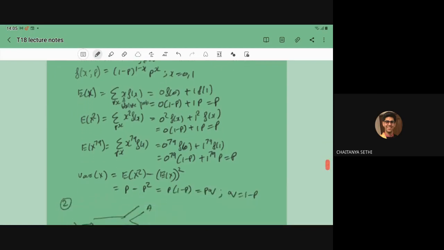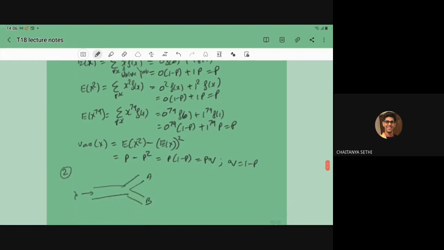Similarly, to compute the second moment, the expectation of X square, we take the summation over all x of x square into f(x), the value into the corresponding probability. So it becomes 0 square into f(0) plus 1 square into f(1), that is 0 into 1 minus p plus 1 into p, which is again p.